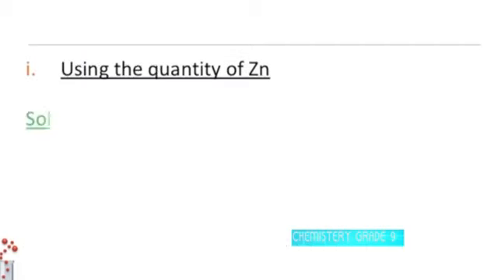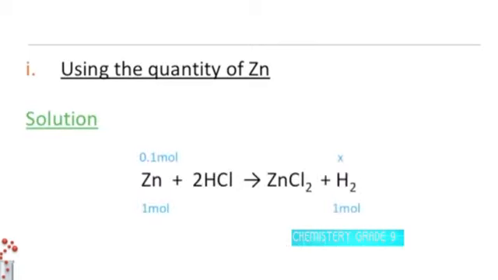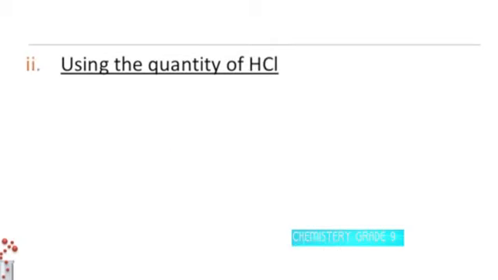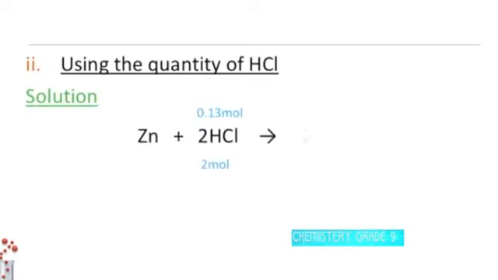First, we use the quantity of zinc. Now we want to know the quantity of the product, hydrogen. So we set up the proportion and we get 0.1 moles of hydrogen. We could also try by using the quantity of hydrochloric acid.